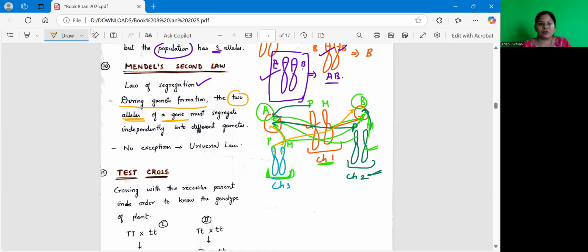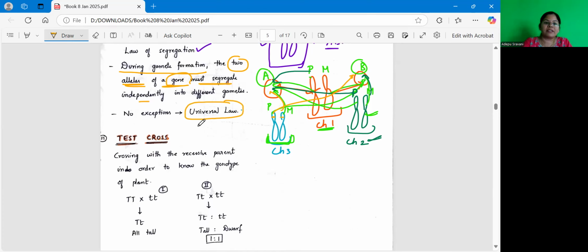Like this. So this gene or this allele is moving this side and the other will move to the other side. So the 2 alleles of a gene must segregate independently from each other. And please remember, this is a universal law. That means we don't have any exceptions for Mendel's second law. All right, this is all about the second law.